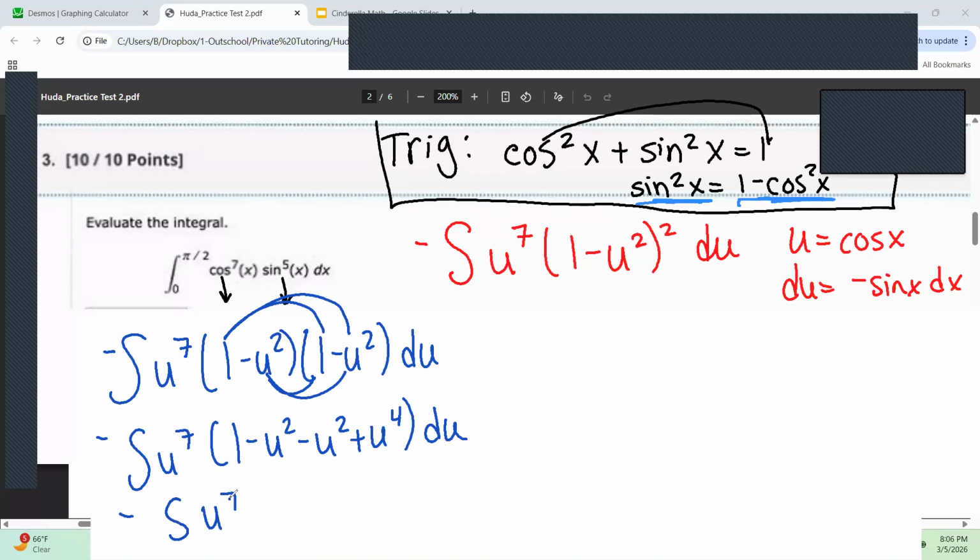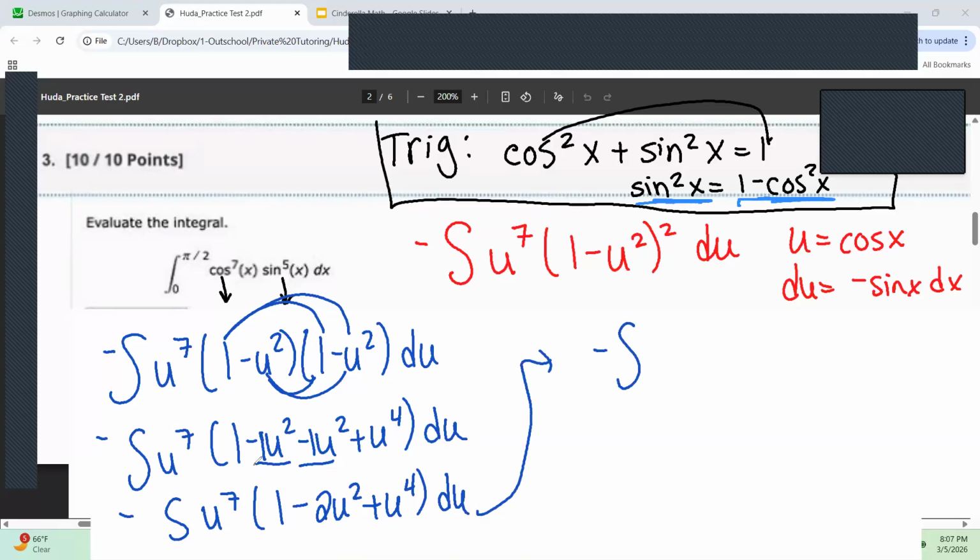So we now have u to the 7th, 1 minus negative 1 makes negative 2u squared. Okay, and then go ahead and distribute that u to the 7th. So we have negative integral of u to the 7th minus 2u to the 9th plus u to the 11th du. And you'll notice I haven't been writing the 0 in the pi over 2 because that applies to x, not to u.